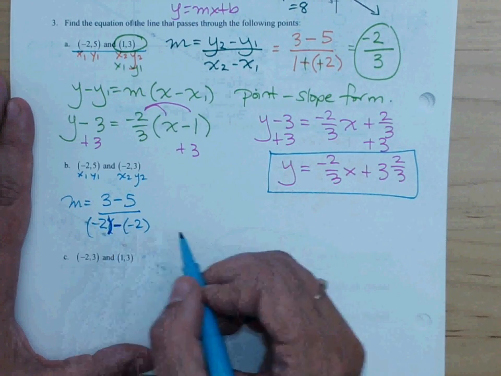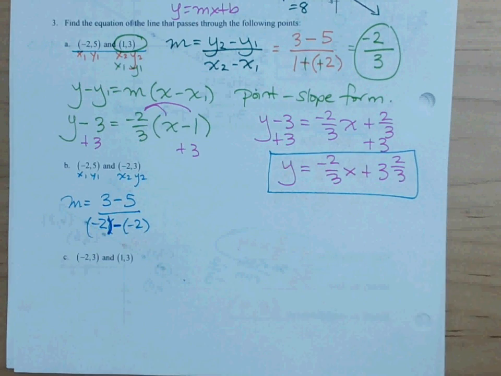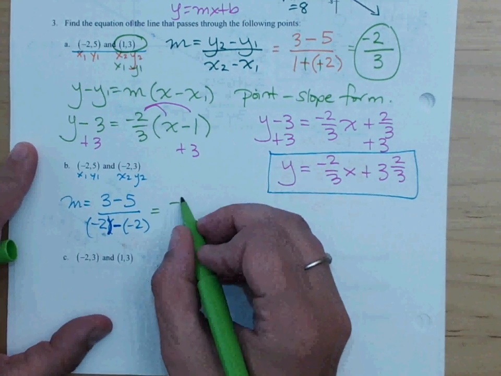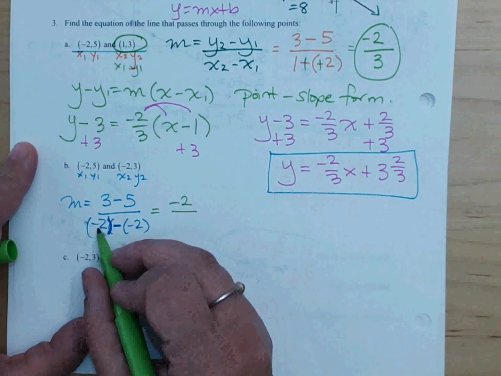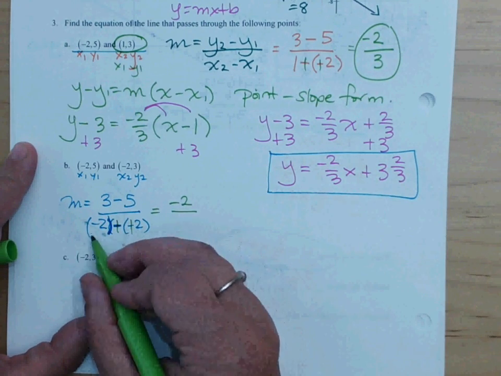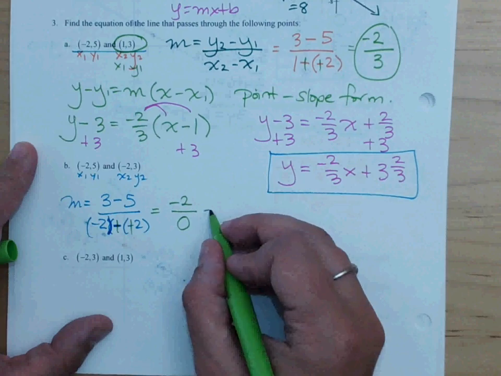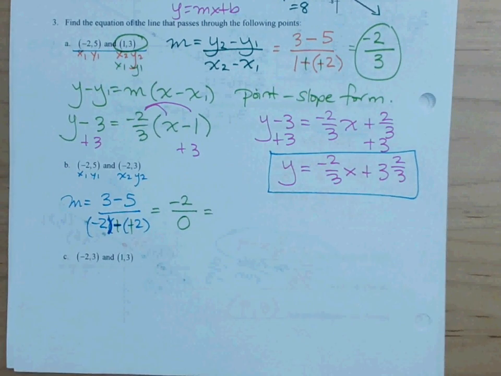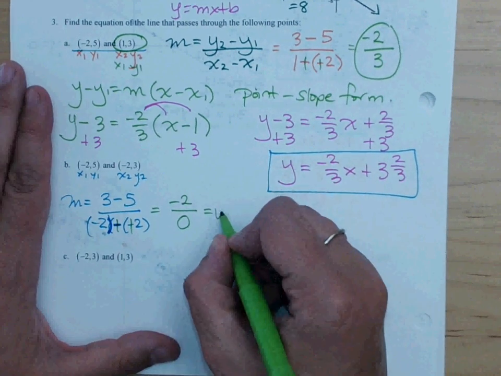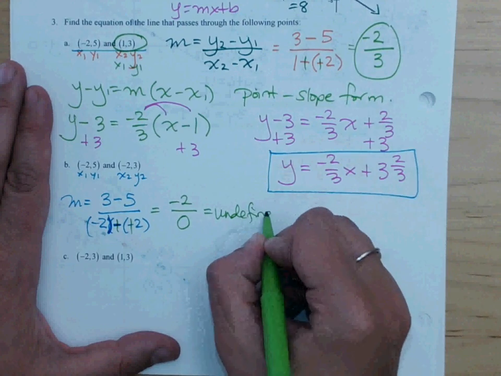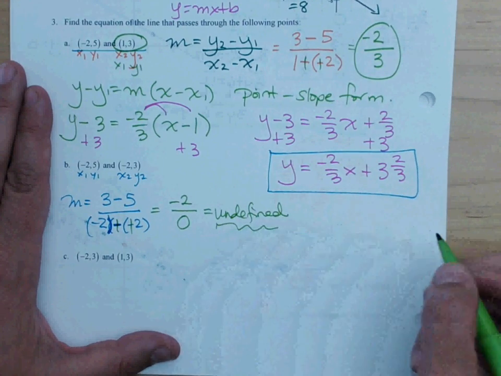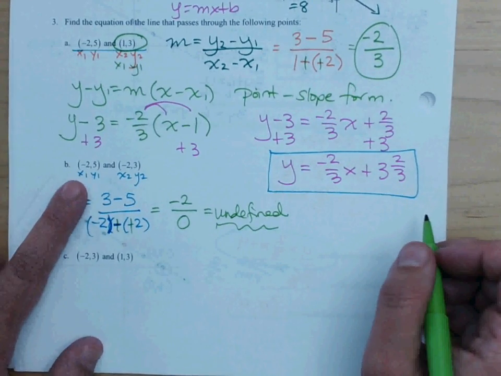There's a minus in between. So remember what happens with our signs. We're going to have negative 2 over negative 2 plus 2 is 0. Now what happens when we divide by 0? We get undefined.